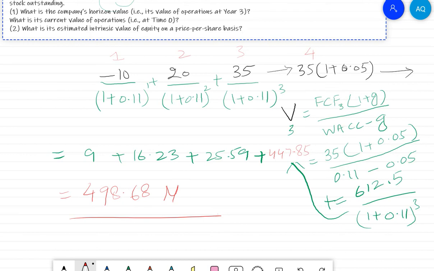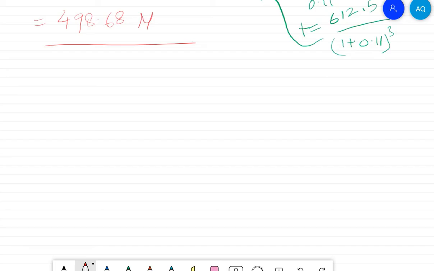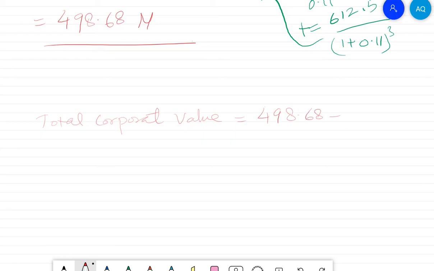What is the estimated intrinsic value of equity on a price per share basis? So we have total corporate value, that is value of operation 498.68 plus short-term investment, which is 100, so in total it makes 598.68.